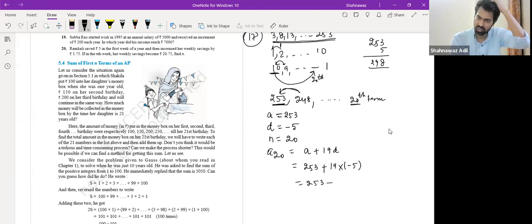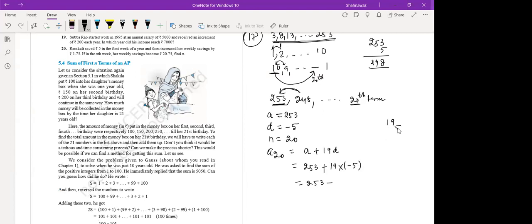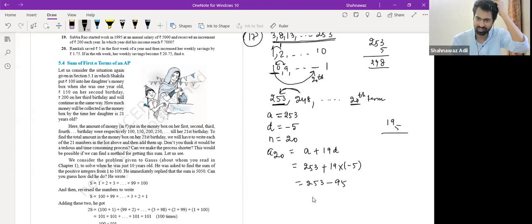Anybody know the table of 19? I have forgotten. 95. 13 minus 5 is 8, 14 minus 9 is 5, and this is 1. Right, so this is the 20th term.